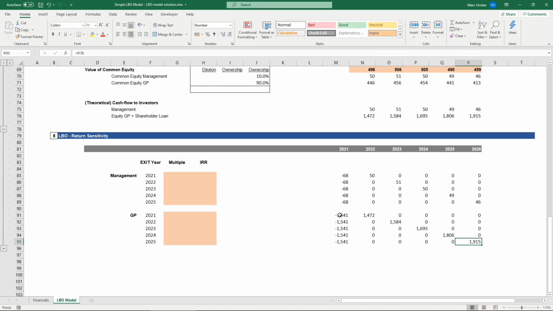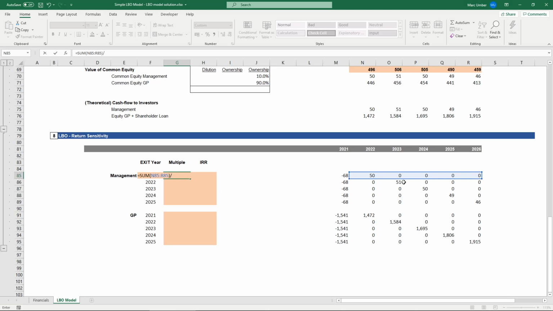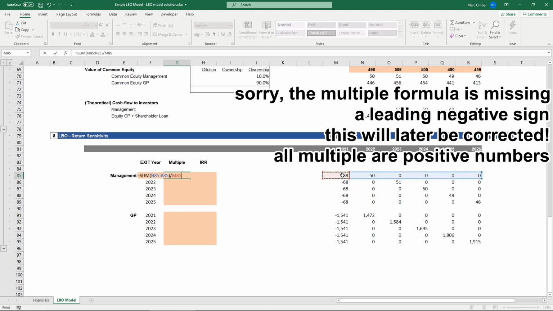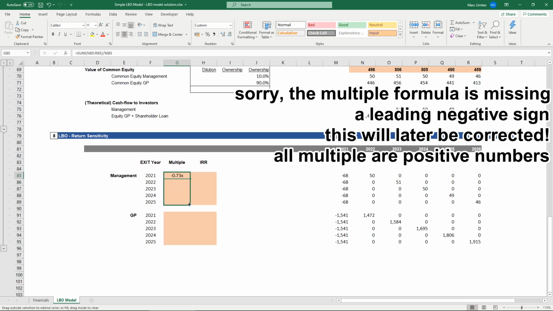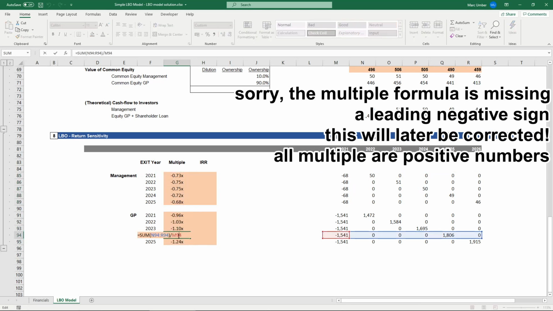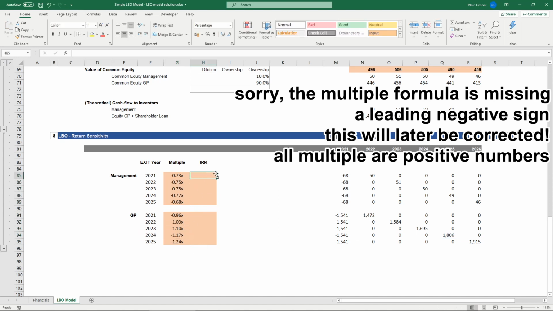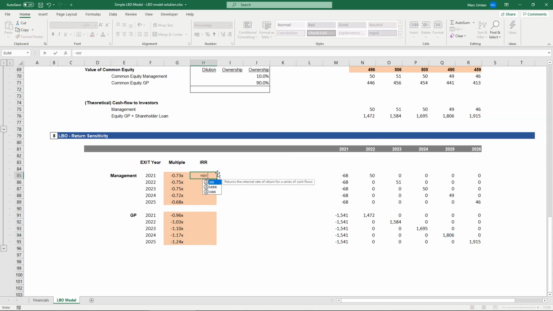We use this little matrix to help us calculate the IRR and the multiple. The multiple is very straightforward. We have the sum of distributions over the sum of contributions. Same is true for the general partner. Let's check our formulas. And we can calculate an IRR using the IRR formula in Excel.